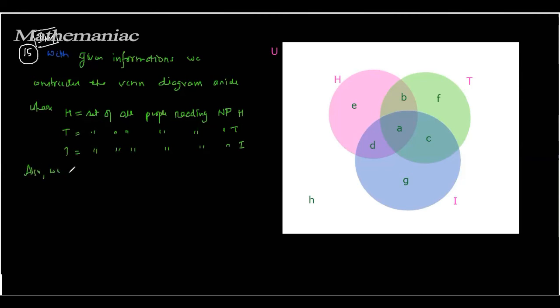Also, we mark the Venn diagram with suitable letters to indicate the number of elements, right?